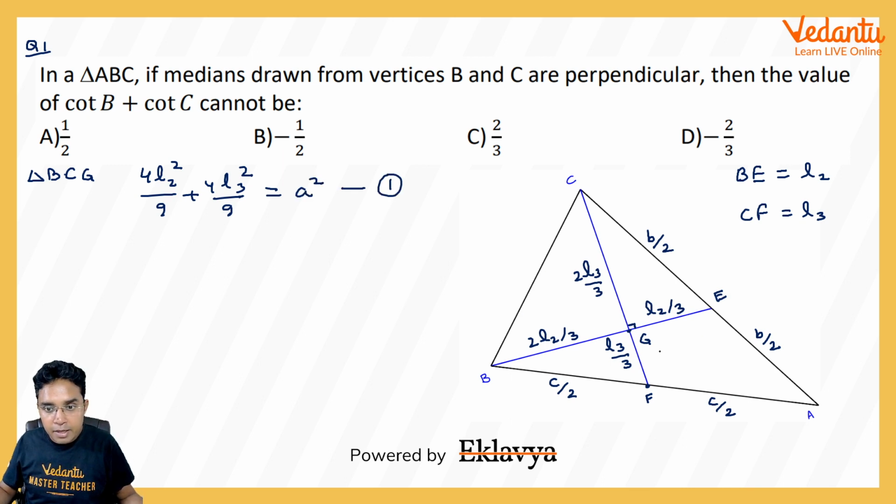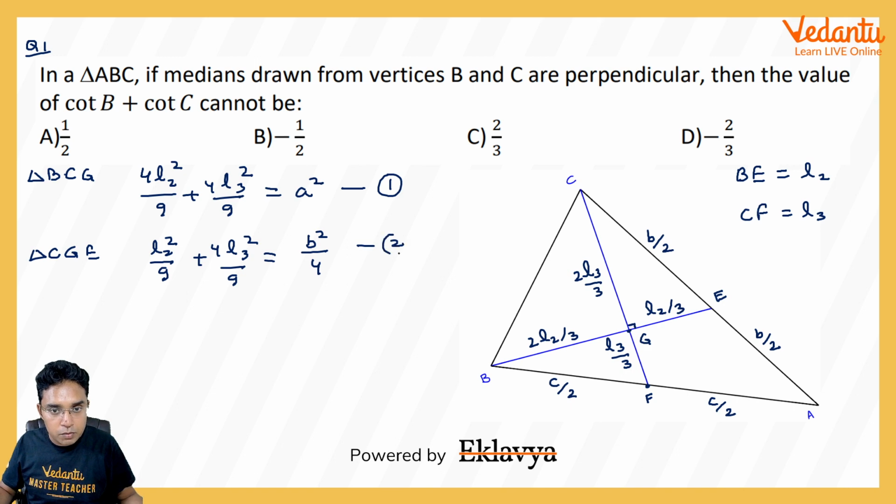Similarly, if I use the Pythagoras theorem in the triangle CGE, then we will get L2 square by 9 plus 4L3 square by 9, and here we will be getting b square by 4. That is my equation number 2.